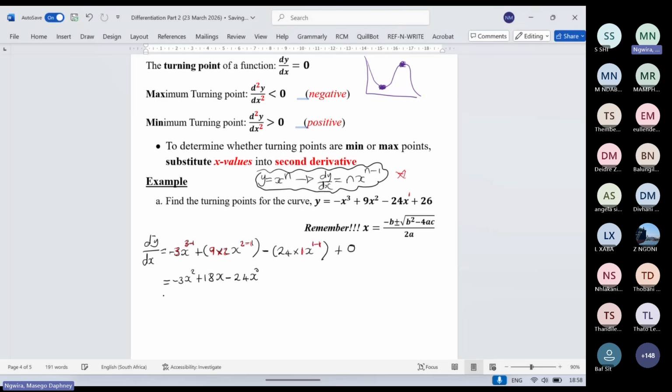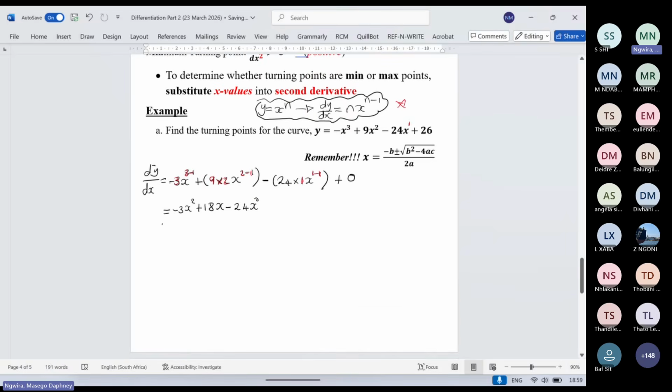X to the power of 0 is 1. So this will be negative 3x squared plus 18x minus 24. 1 times 24 is 24. Now I have my derivative.